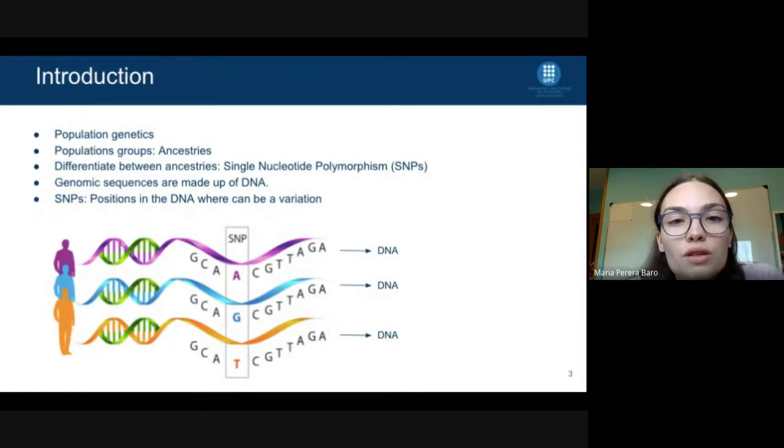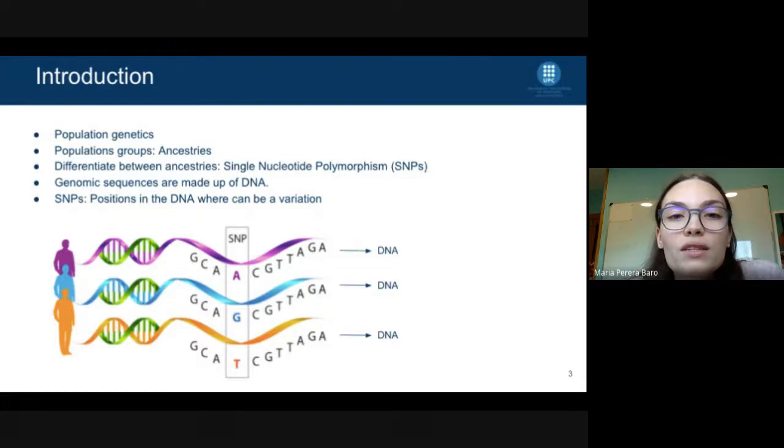And these positions can be codified in a binary system with zeros denoting the common variant and one the minority variant. For example, in the image, we can see three different individuals where each one has their own DNA sequence. And in the first position, we can see a SNP, which is a change of the letter in the specific position.